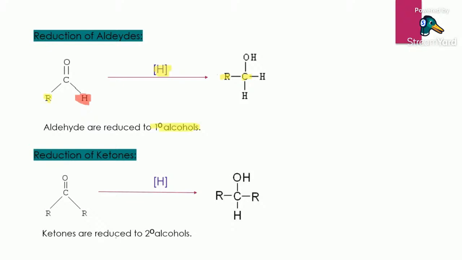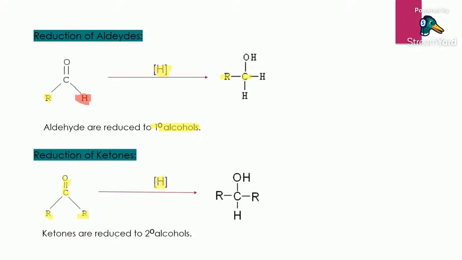Second, we go to the reduction of ketones. We have our ketone here attached to two more carbons, and this is our C double bond O. The reducing agent for this reaction is H2.